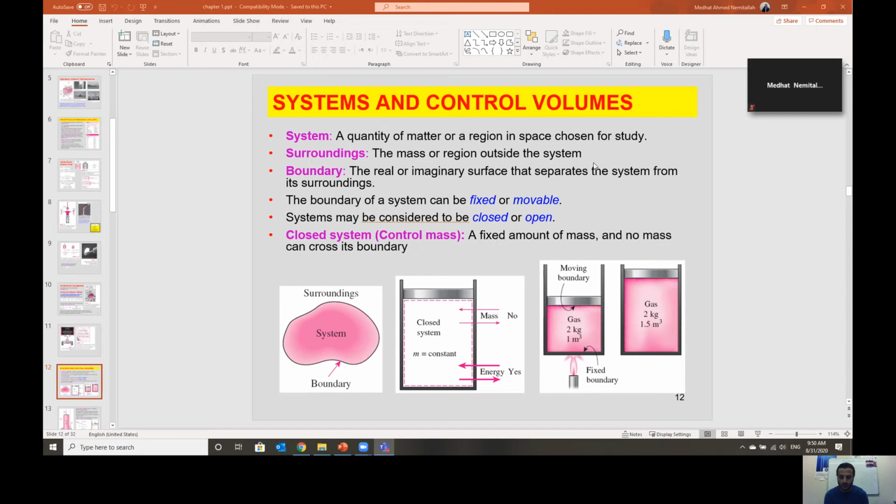Chapter 5 will be the application of the first law of thermodynamics for open systems. So we have to define which kind of system we have before we proceed to solve any engineering problem. In this case, we have two kinds of system.